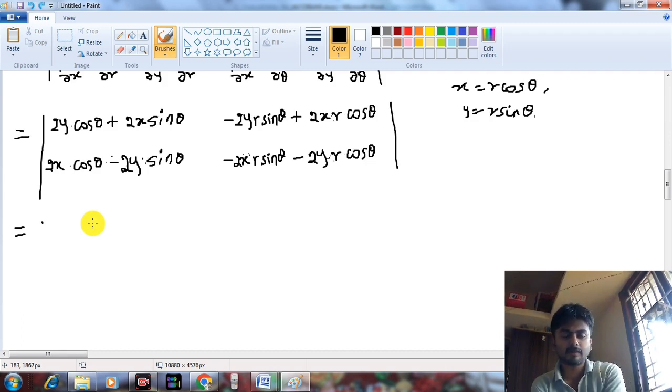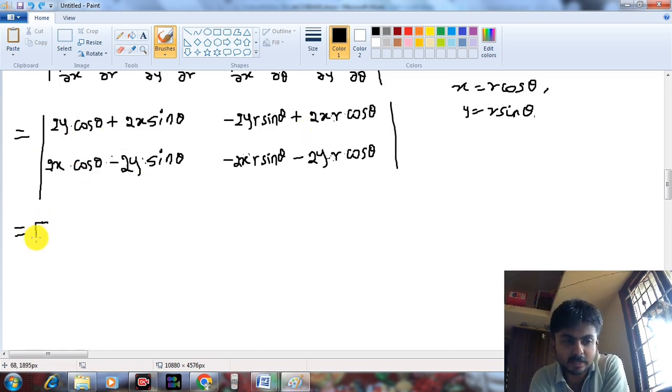Because if I substitute the value of y and these two cos theta get cancelled, no problem, we can substitute and then take the determinant, but here nothing will get cancelled. So we shall take the determinant first.